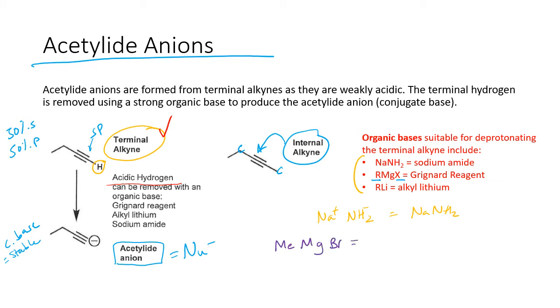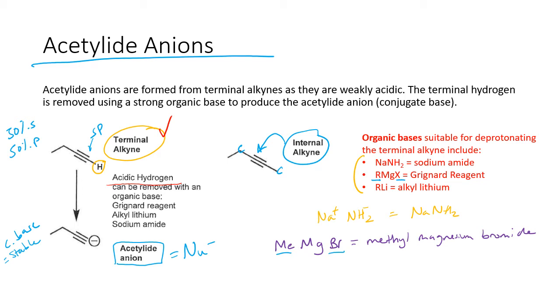How we would name this is methyl magnesium bromide. And in this Grignard reagent, the R group happens to be a methyl, and the halogen, the X, happens to be bromide. So the identity of both of those can change in a given Grignard reagent.